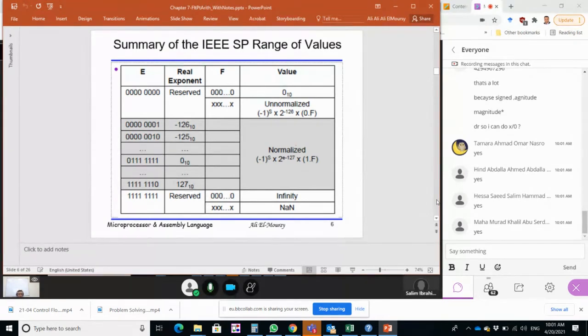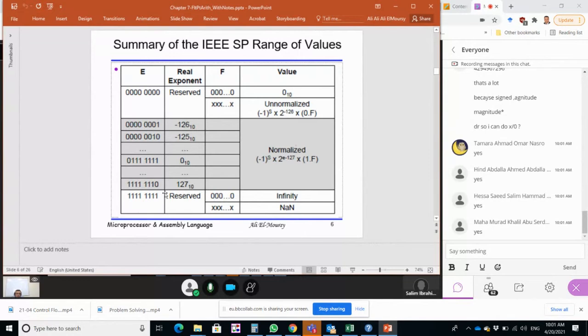We are talking about single precision. So the exponent takes the combinations from all zeros to all ones. We already reserved all zeros with fractional mantissa all zeros for the number 0. All zeros with x in the fractional mantissa is for what we call the unnormalized numbers. We also reserve all ones and zeros for infinity.